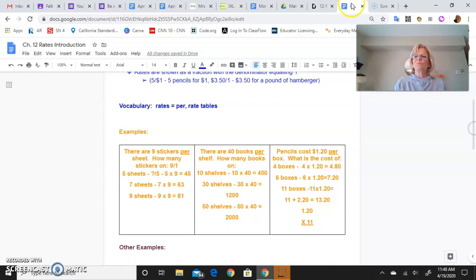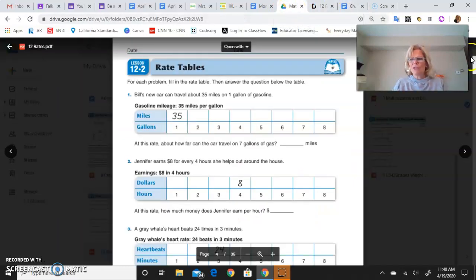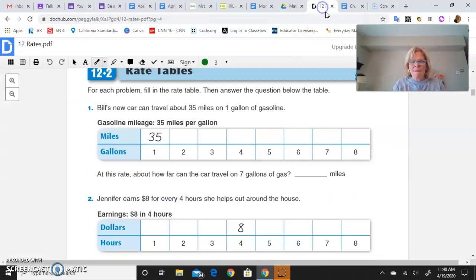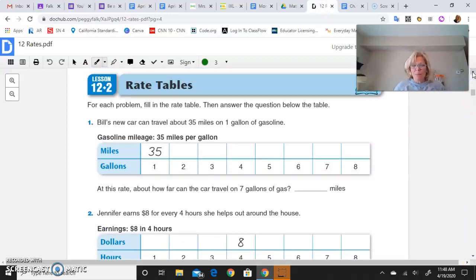Okay, so now I asked you to go to page 312 in your math journal. And this is just a page we're going to talk about finding rates using a table.